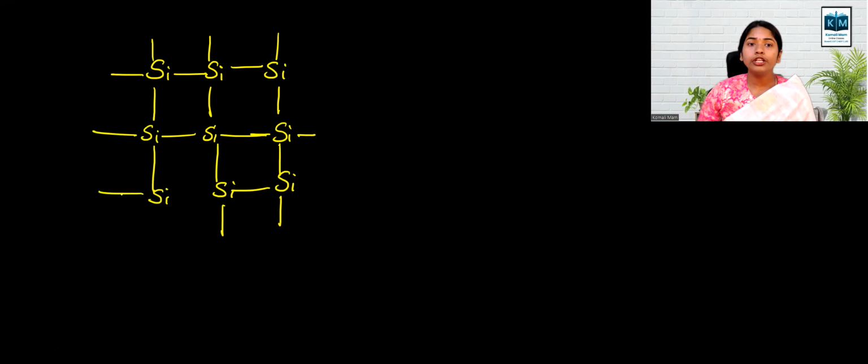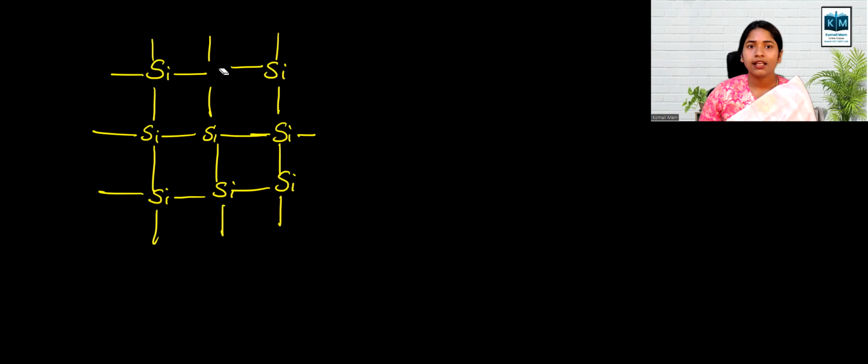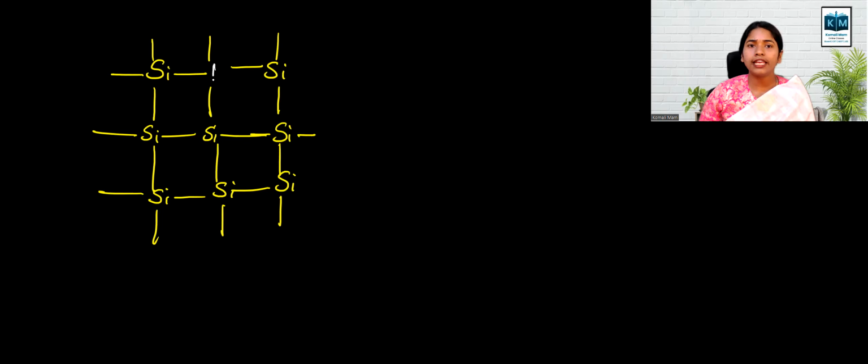Now, I am going to remove one silicon and keep a boron atom in that place. Boron belongs to the 13th group.